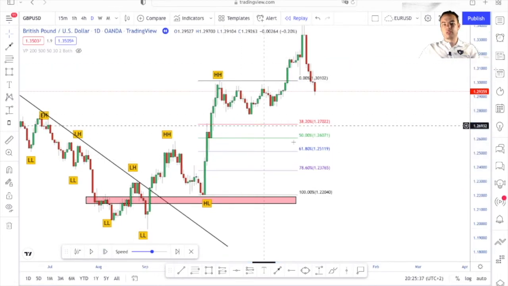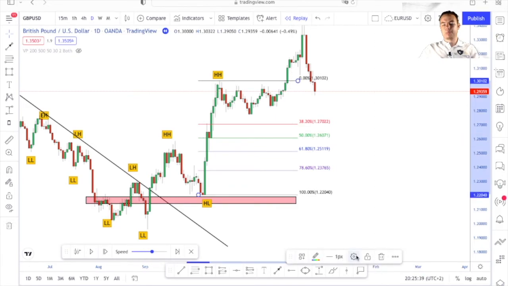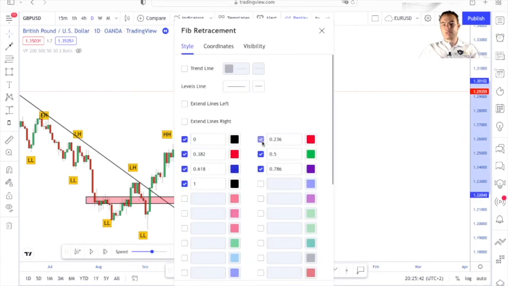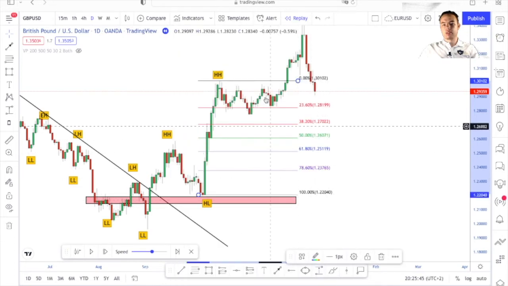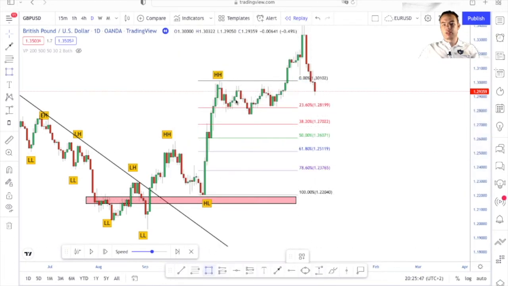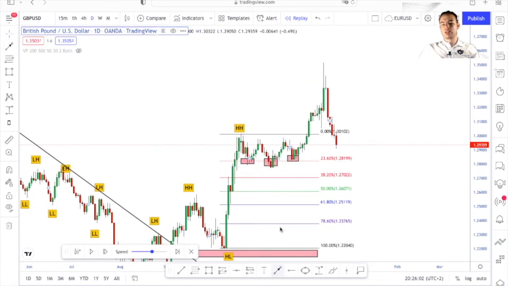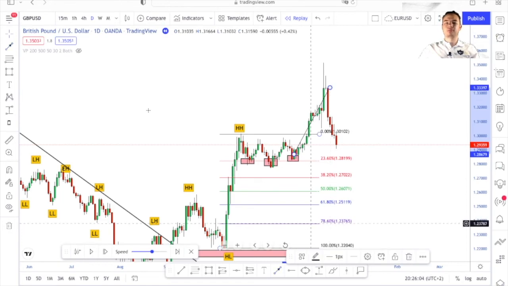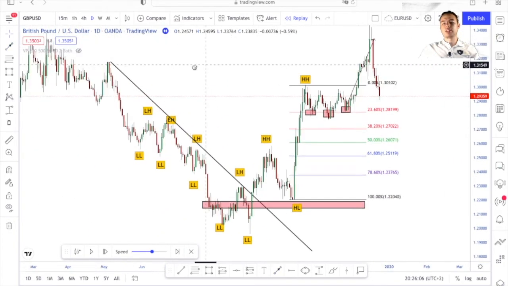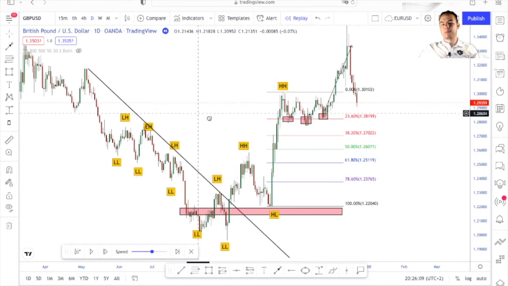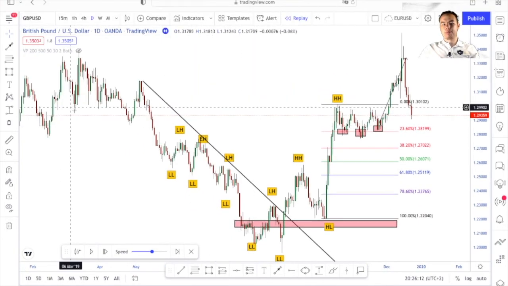Let me just prove that it tests that. See, tested it once, tested it twice, third time. Tweezer bottom, could have bought, but I don't trade on this. Could have bought again, and boom. So that's Fibonacci in an uptrend.